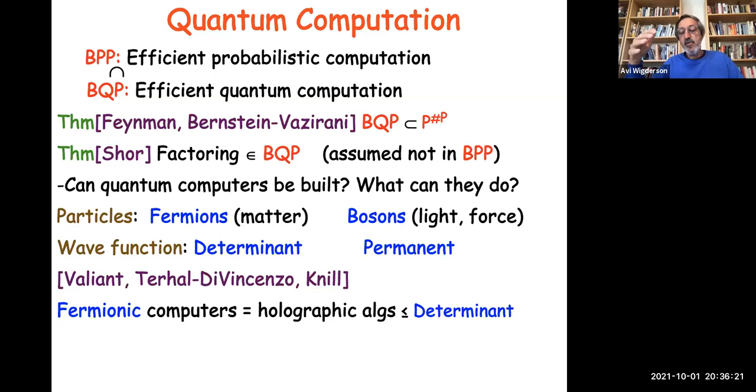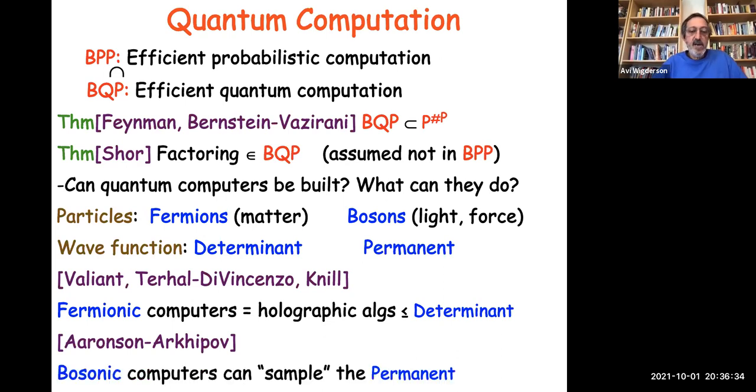So these are all reducible. So there is a subclass of quantum algorithms which is not more powerful than the determinant. On the other hand, if you want to use bosons, then Aaronson and Arkhipov developed a sort of model based on bosons, based on light, really, right?